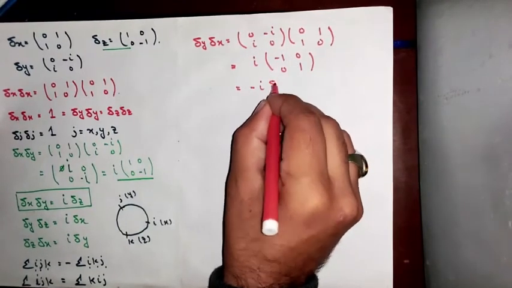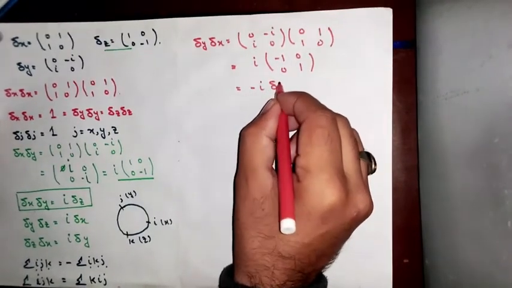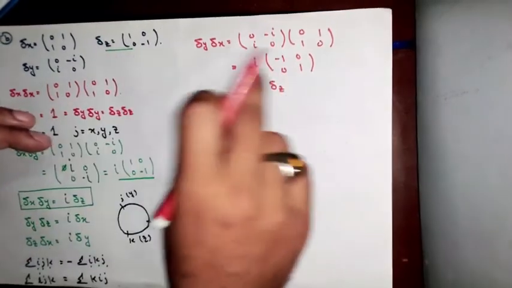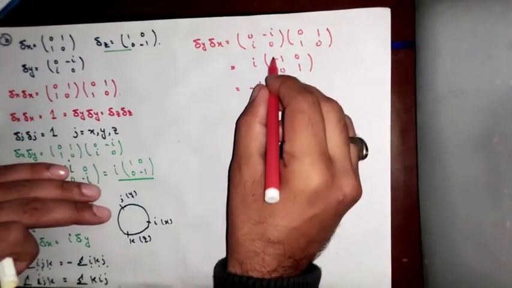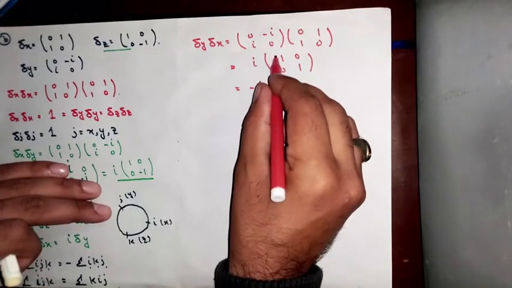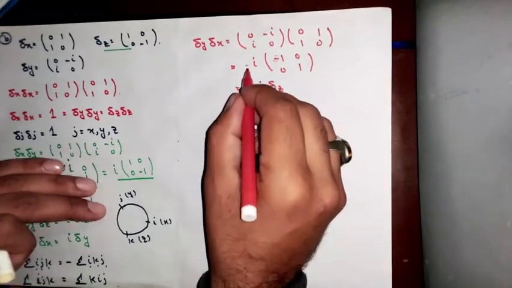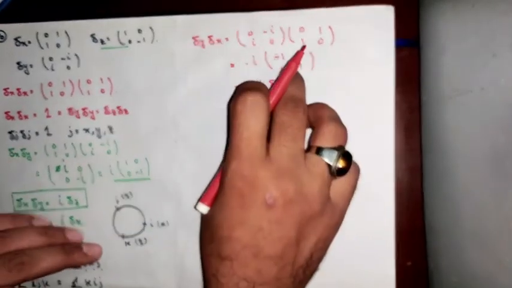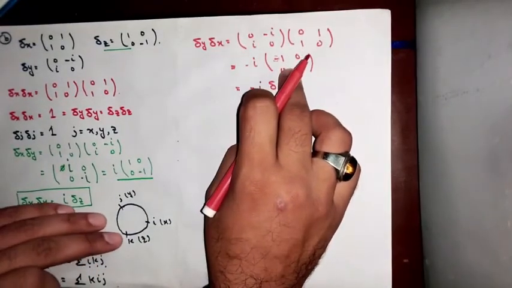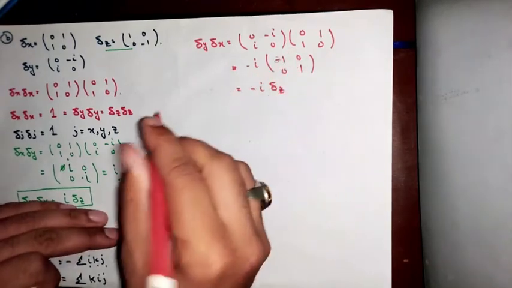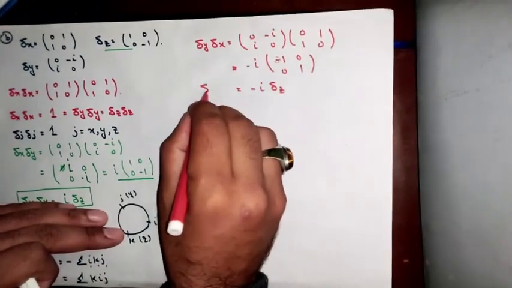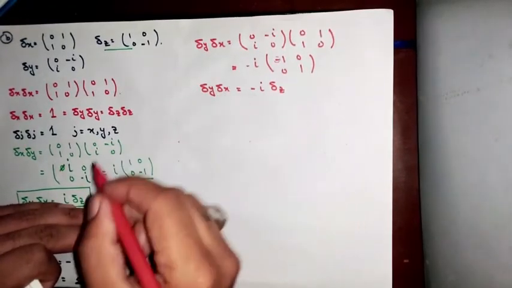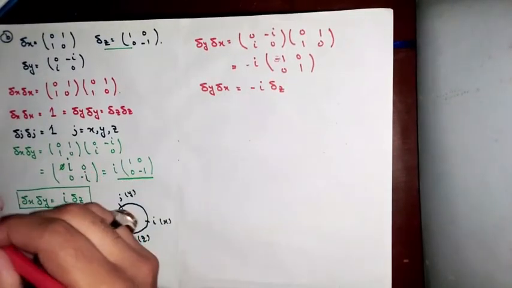If I take common minus iota, then 1, 0 and 0, minus 1 will be here, and this is the value of sigma z. So sigma y and sigma x is equal to minus iota sigma z.